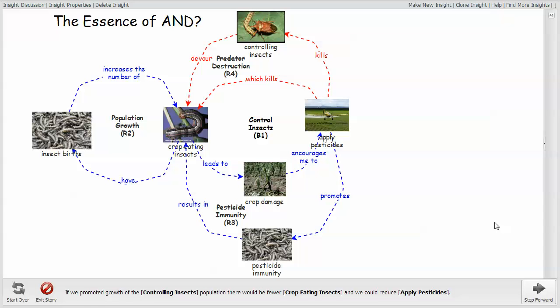So if I bring the other pieces back, the model now looks like this. Is the model complete? I don't know. Depends upon what I need to understand to deal with the situation at hand, which is I have crop-eating insects causing crop damage.